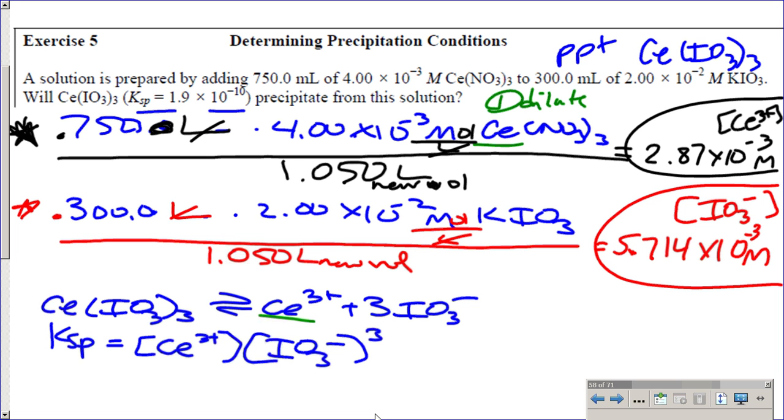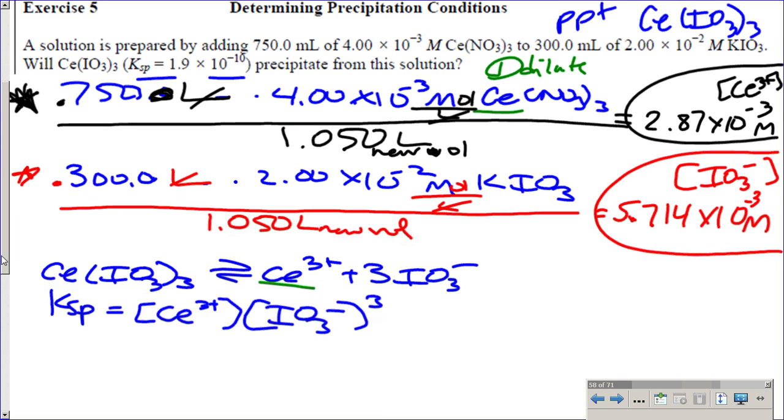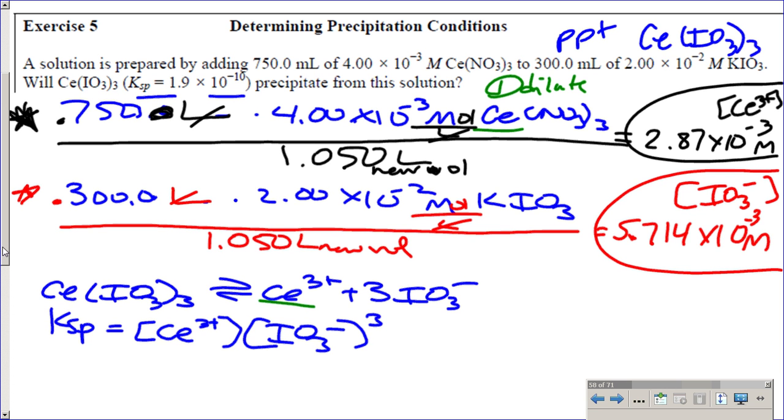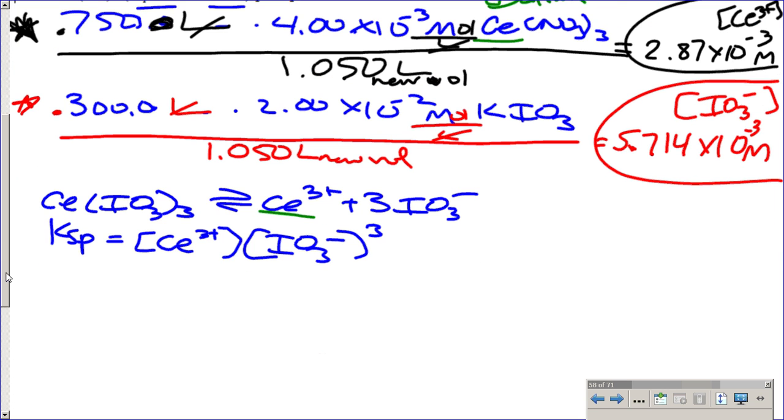Now I have both cerium and iodate. So far we have not even calculated Ksp, because we're given Ksp. What are we actually calculating? Q, thank you, I just said it. So you're calculating Q. Ksp is given to you, but the Q setup is the same as the Ksp setup. The expression is the same.